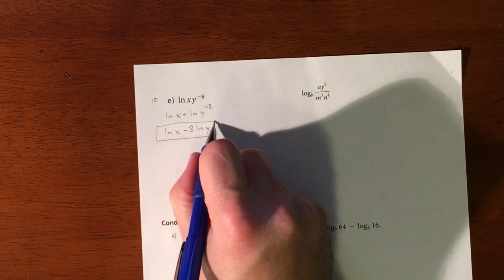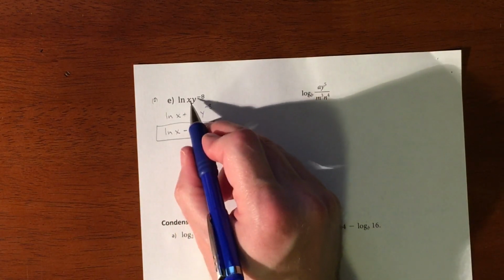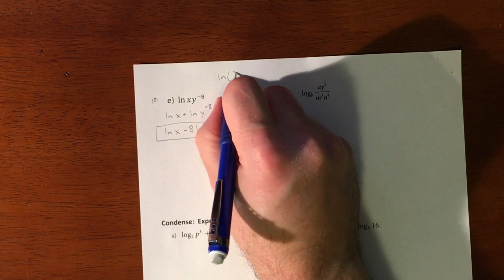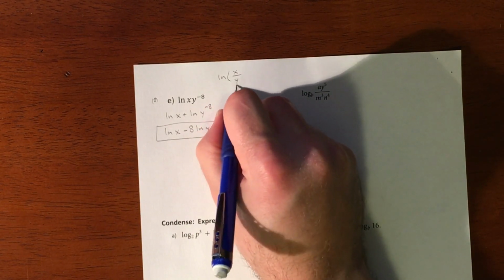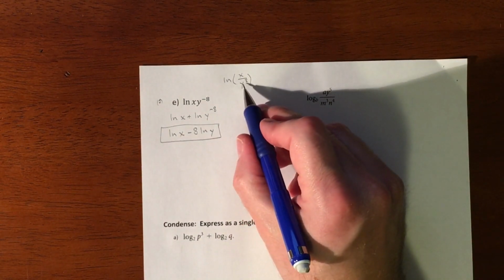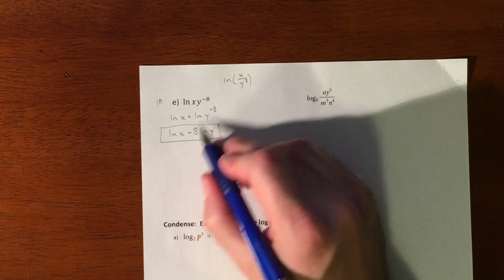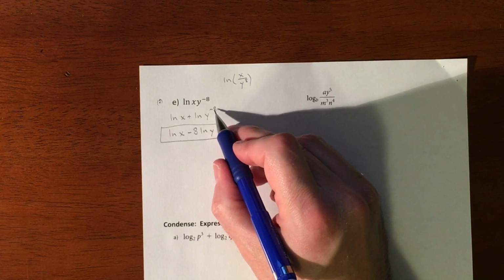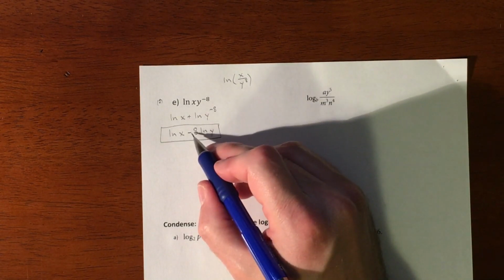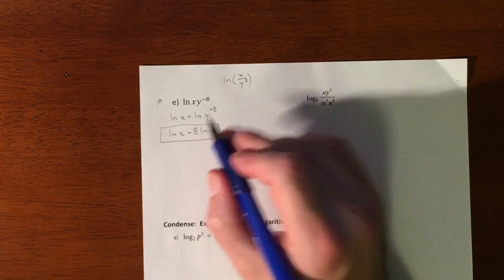Here's the thing about this one: you could have rewritten this, by the way, as the natural log of x over y to the positive 8 if you wanted to, and that would have made your subtraction happen. So that negative exponent really would have gone into the denominator, and the denominator would have forced a subtraction to happen. But it still all works out.